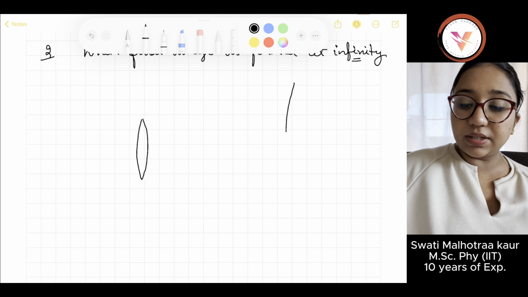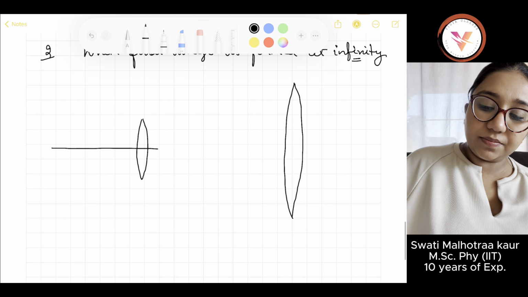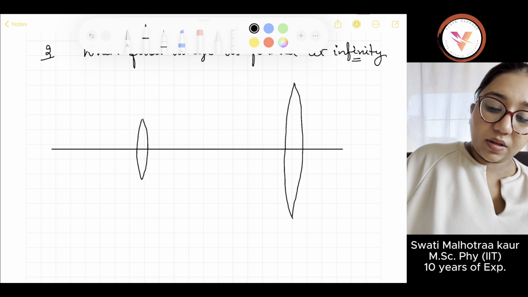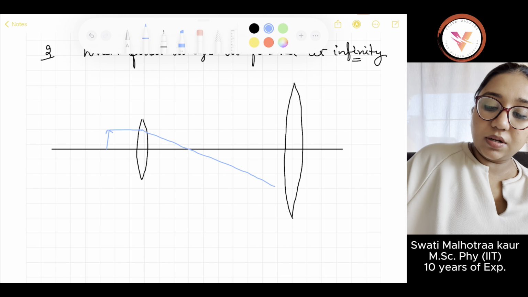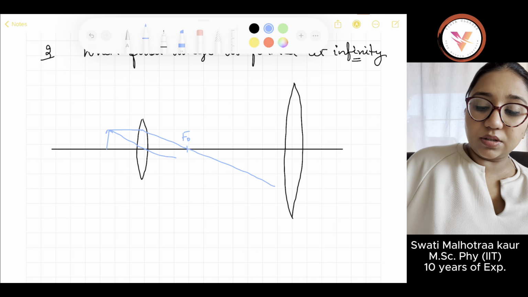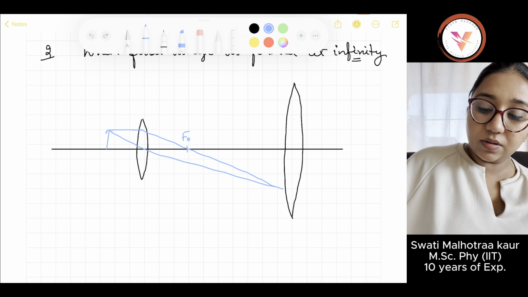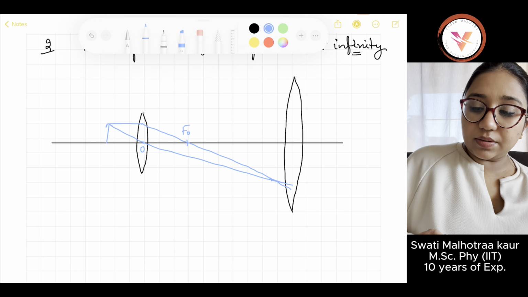This is the objective lens, this is the eyepiece, and if your object is here, then first, this is my focus point of the objective, and the second ray will pass through the optical center. This is the optical center, and then the two rays, wait.